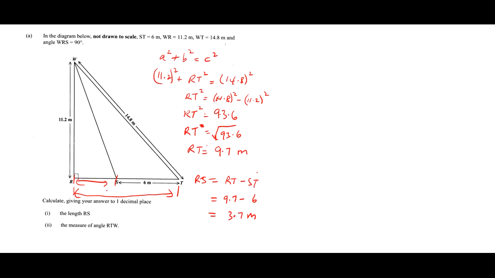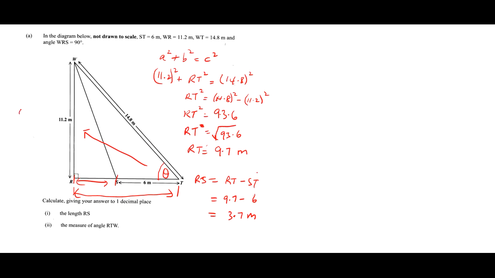Now the next thing, we want to measure the angle RTW. Where is RTW? This angle here is RTW, so let's call that theta. Now we are dealing with a right angle triangle here, so we need to know how to label a right angle triangle. This is the angle that we want to know.